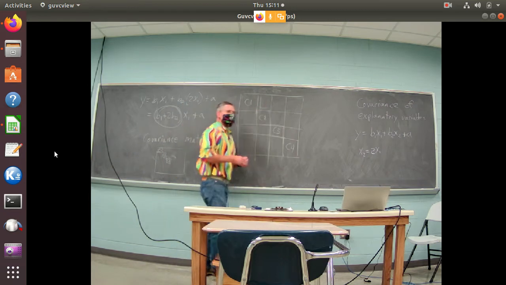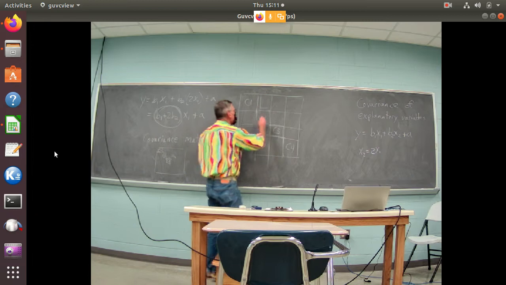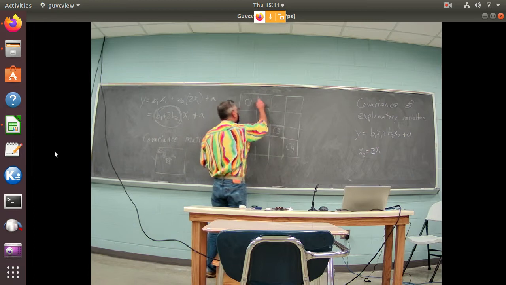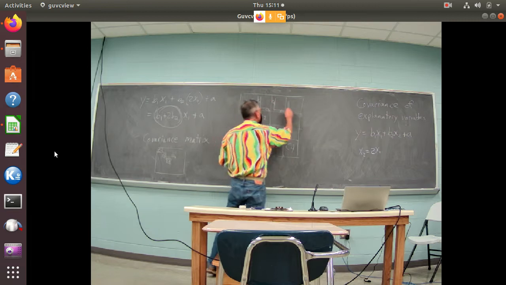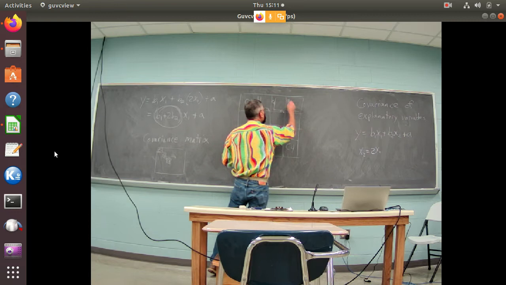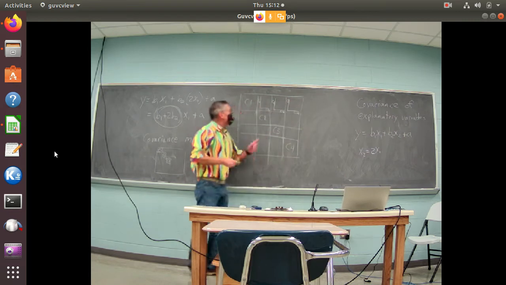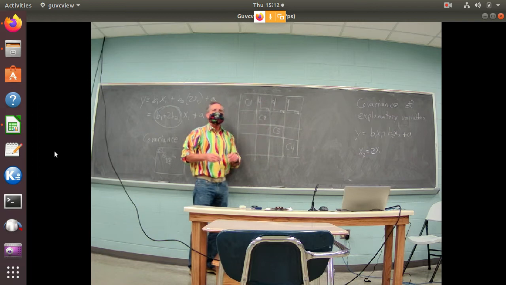I could make a little graph here, and this would be C2 that way and C1 that way, and then C1 that way and C3 that way, and C1 this way and C4 that way. So I just make a graph with all these different combinations.